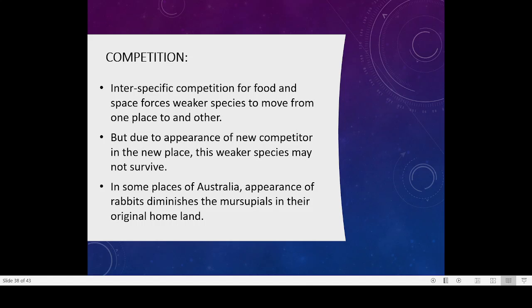The giant squirrel was introduced from America to the European region. When the giant squirrel was introduced, the habitat of the red squirrel slowly decreased.